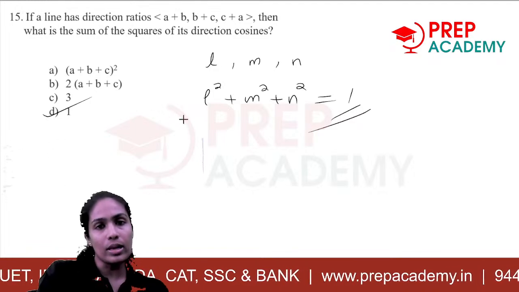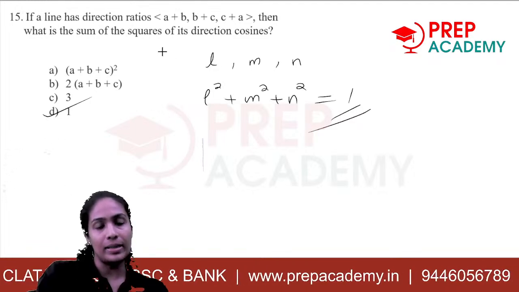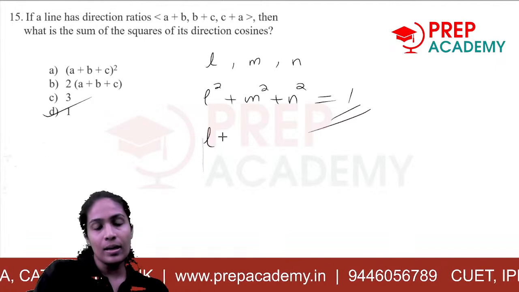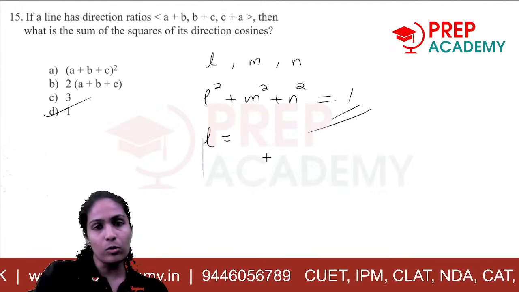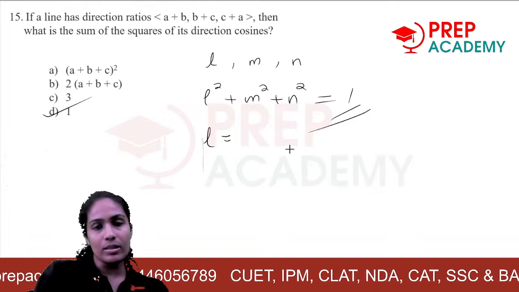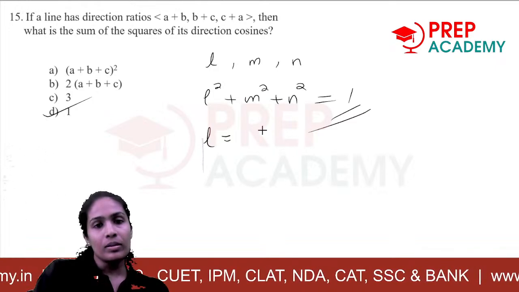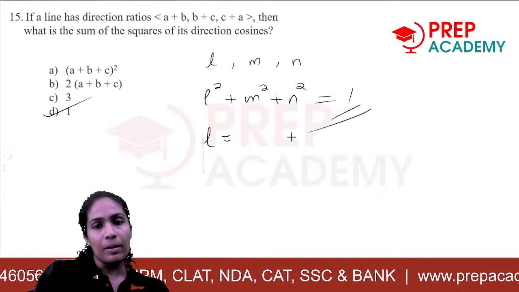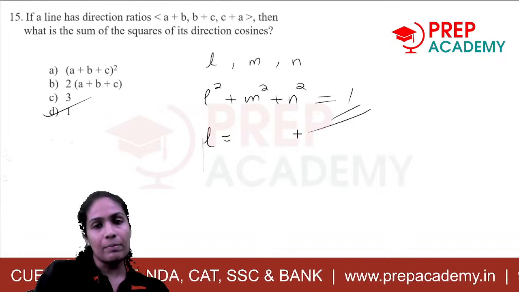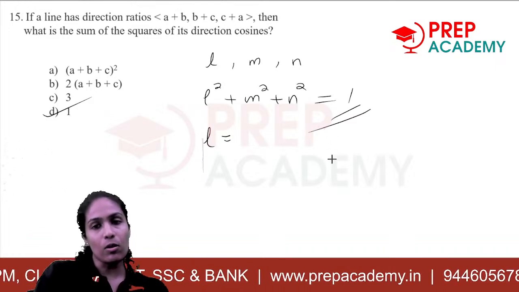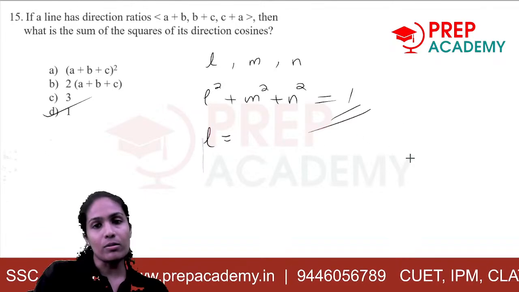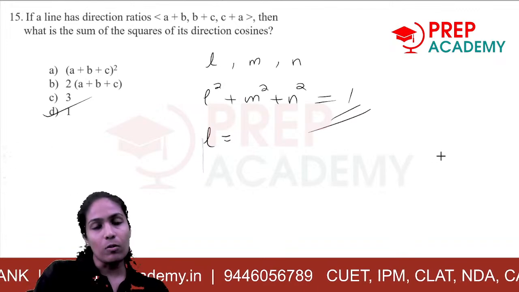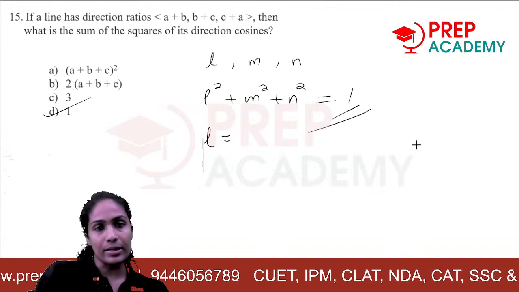Or you can solve the same by finding L, M and N. L is defined as the direction ratio A by root of A square plus B square plus C square. M is defined as B by root of A square plus B square plus C square, and N is defined as C by root of A square plus B square plus C square, where A, B, C are the direction ratios.